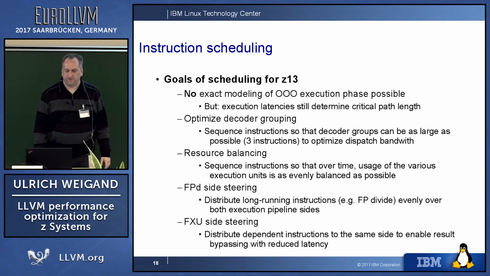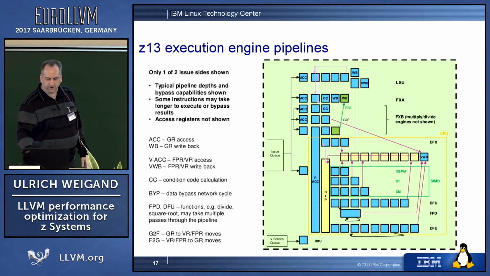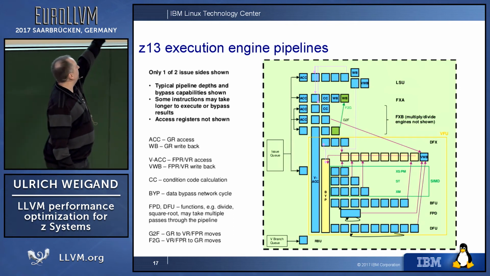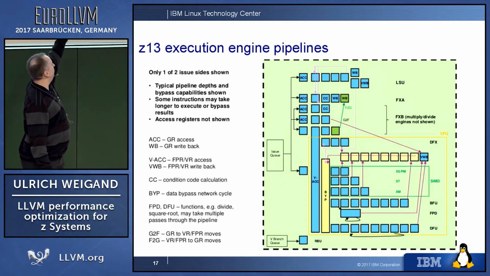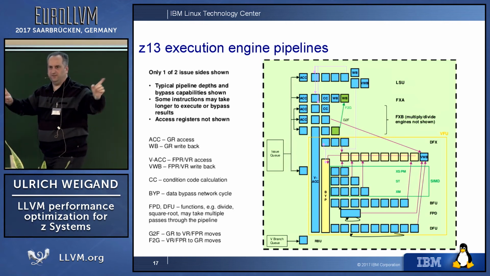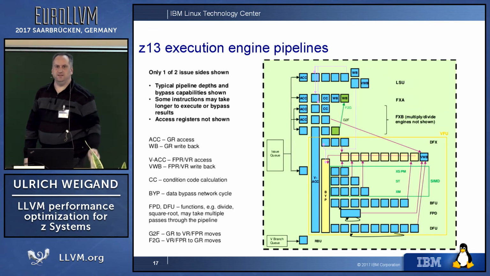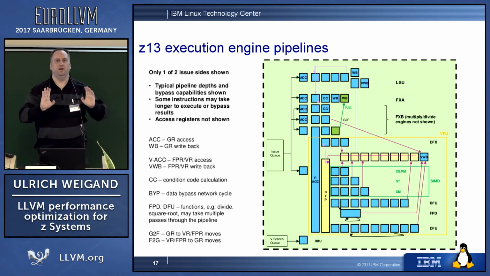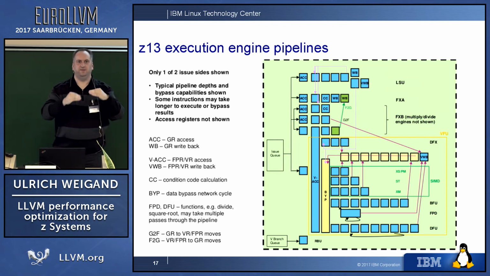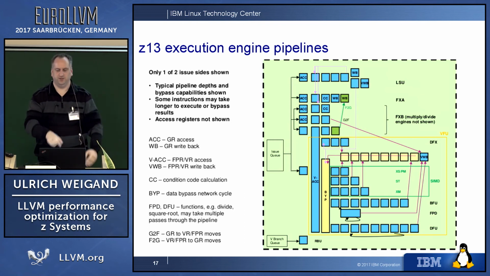And then there are more specific things like this FBD thing, where, for example, we have this FBD unit here, which is used for long-running instructions like a floating point divide. And there's 2 of them on the left side and on the right side of the chip. If you have 2 divides in sequence, you want them to be dispatched on both of those sides, because if you dispatch both of them on the same side, the second divide has to wait until the first one is finished.